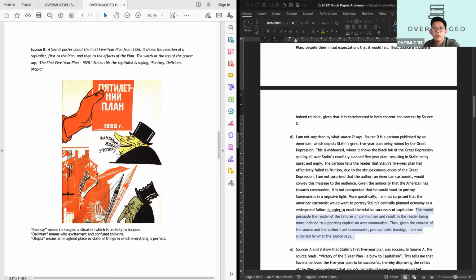Someone asked, for comparison paragraphs, can we explain both sources in one line, or do we have to explain both sources individually? So when you're explaining the sources, you can explain them in one line, but it is a lot cleaner to do it in separate sentences. Why? Because if you do it in one line, you run the very real risk of not explaining your point enough.